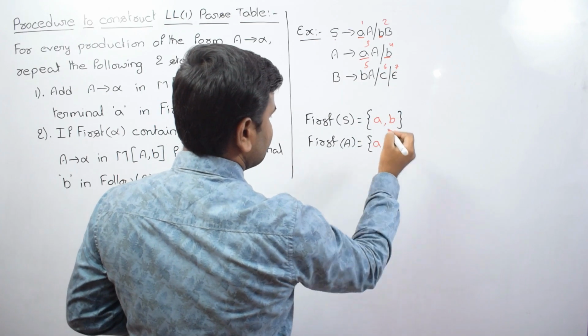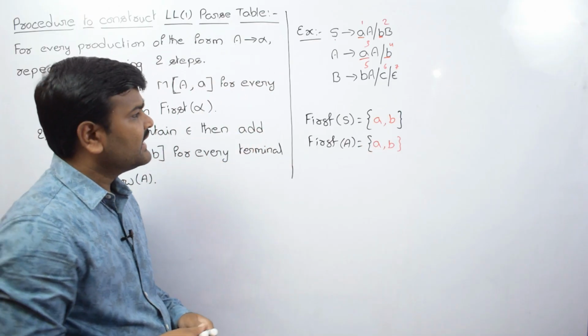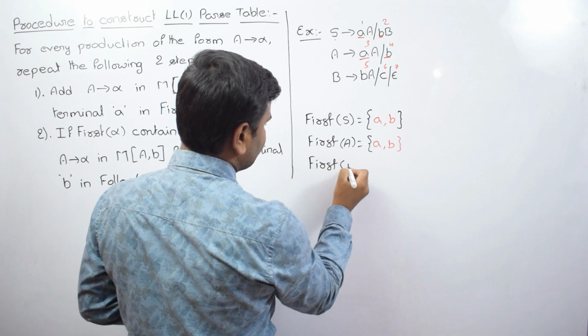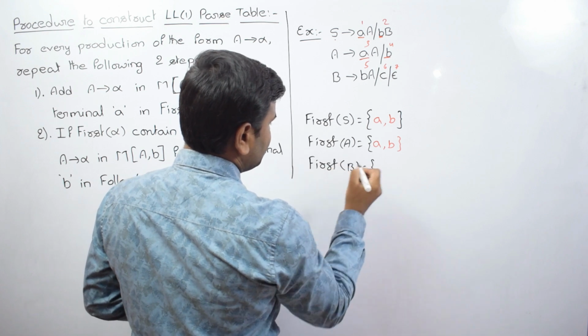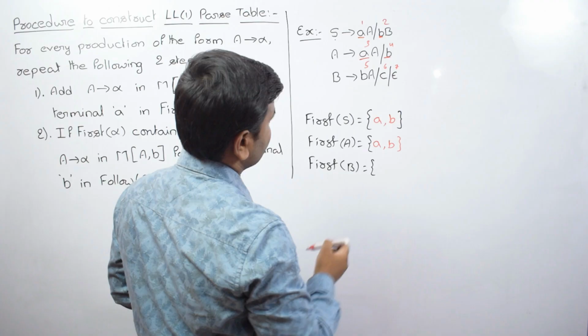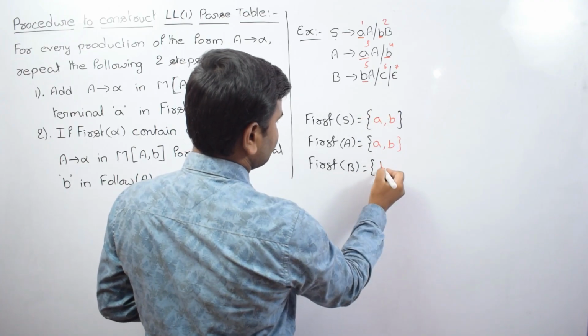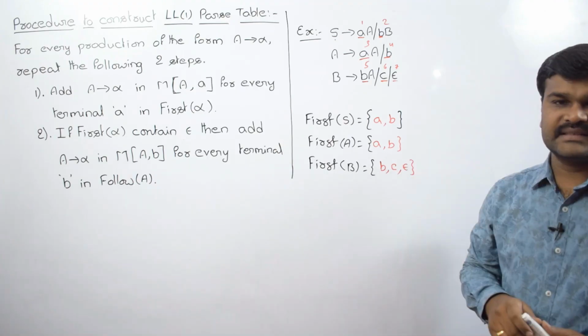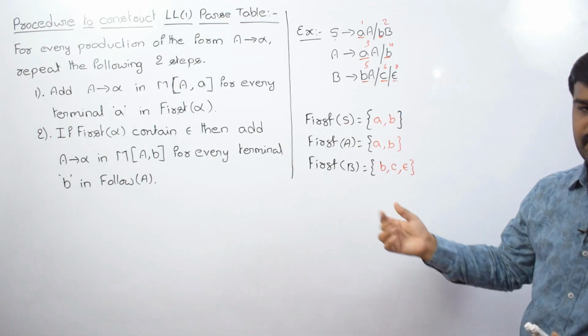Next, first of B: here B is there, and here C is there. We can also find these terminals in parallel.